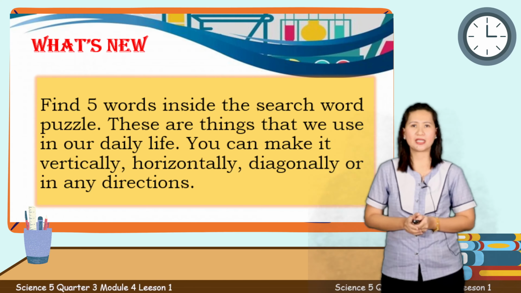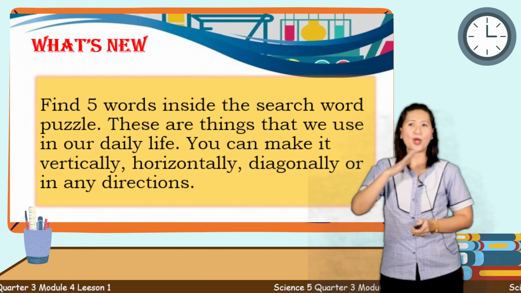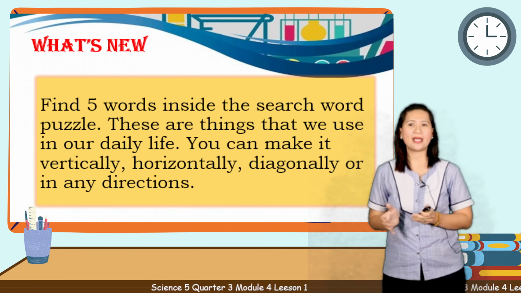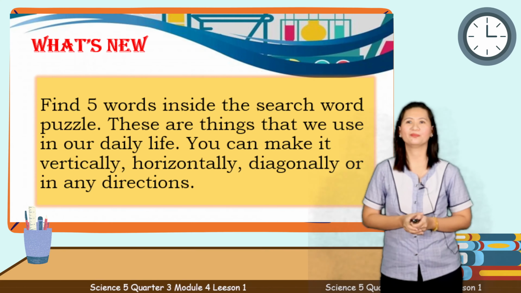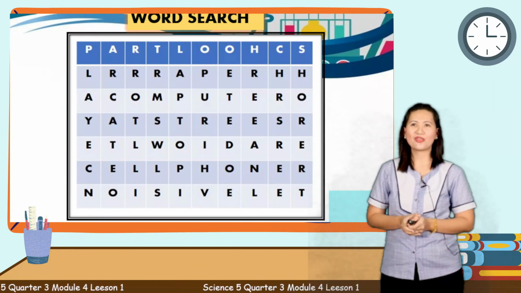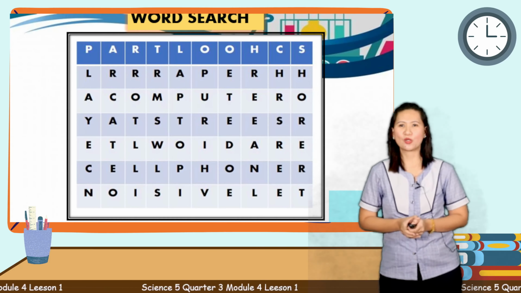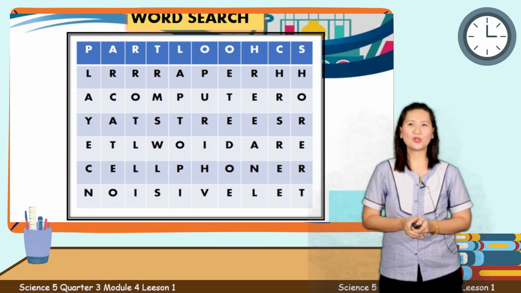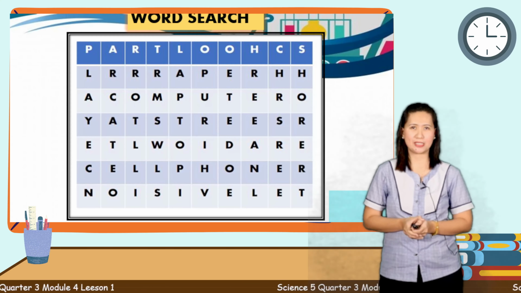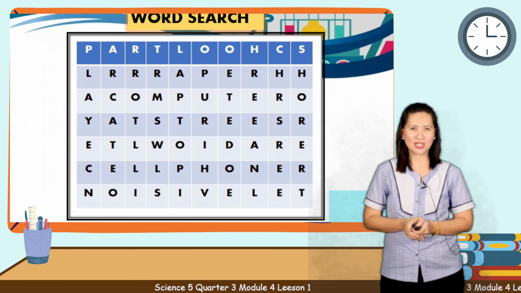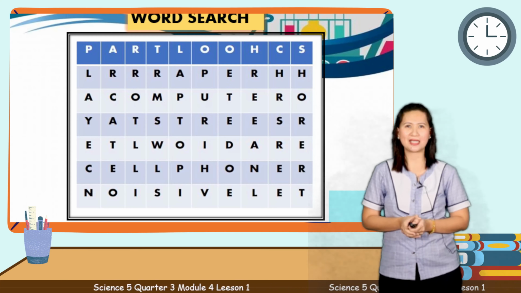You can make it vertically, horizontally, diagonally, or in any directions. So here is the word search. So I will give you 10 seconds to look for those words. Again, the clue is, these are the gadgets that we use in our daily life.